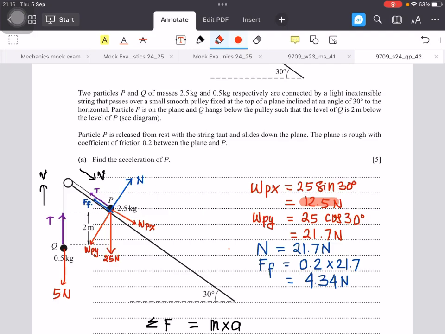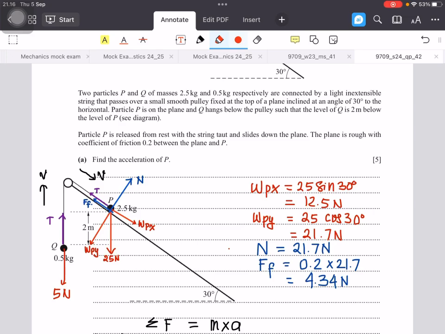WPX is 12.5 Newton while WPY is 21.7 Newton. And then the normal contact force between P and the plane is the same as WPY, which is 21.7 Newton.